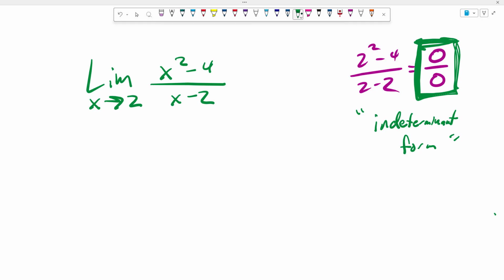Anybody want to take a guess? Because we cannot determine what the value of the limit is. The limit might exist, the limit might not exist. We cannot determine that yet. So anytime you get 0 over 0, an indeterminate form, it means we've got to do more work.